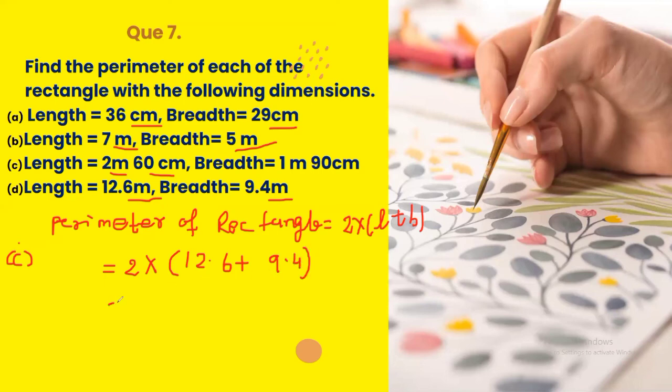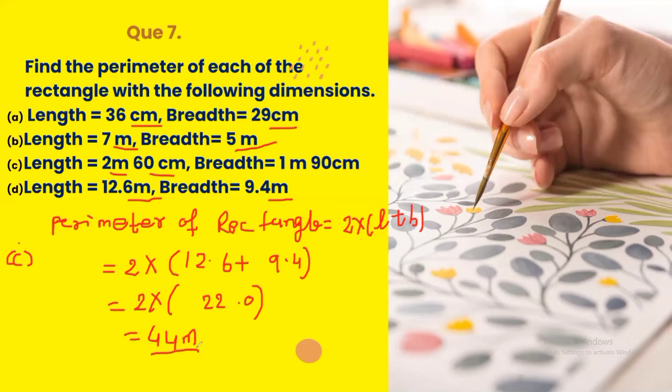Now the decimal will be added into decimal. 6 plus 4 will be 10, 1 carry, and 12 plus 9 will be 21, and 21 plus 1 will be 22. So 22 multiplied by 2 will be 44 meter. So this is the perimeter of the D option of the question number 7.